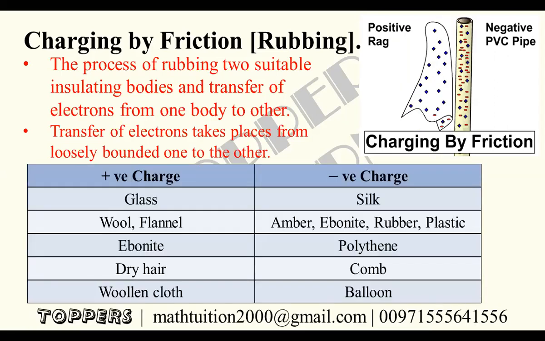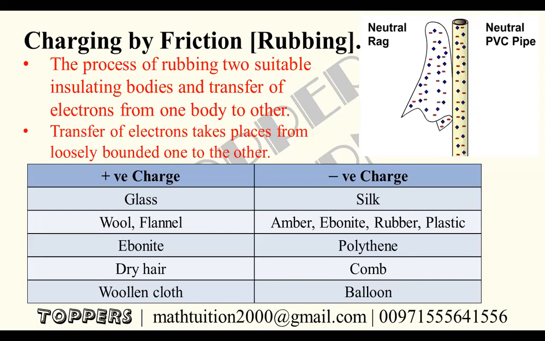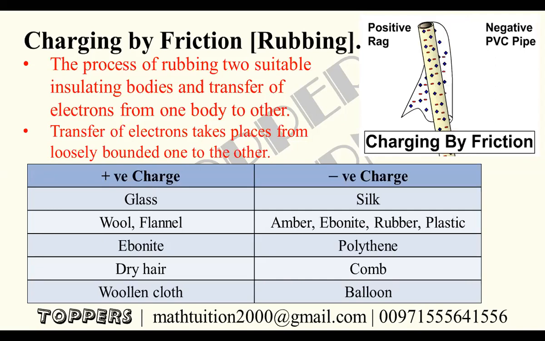Now, I have given two columns. In the first column, we have glass, wool, ebonite, dry hair, woolen cloth. In the second column, we have silk, amber, ebonite, rubber, plastic, polythene, comb, balloon. I told you suitable insulators have to be rubbed against each other. So when glass and silk are rubbed, glass is getting positive, silk is getting negative.